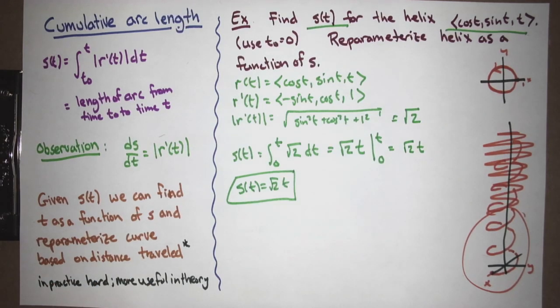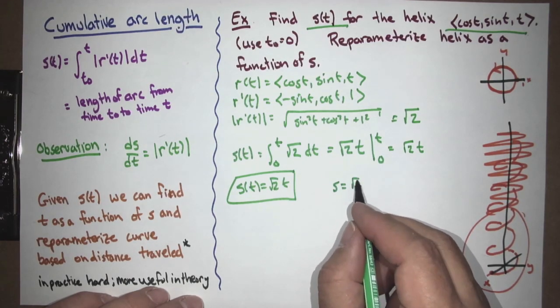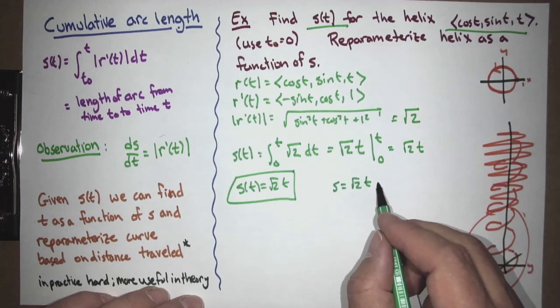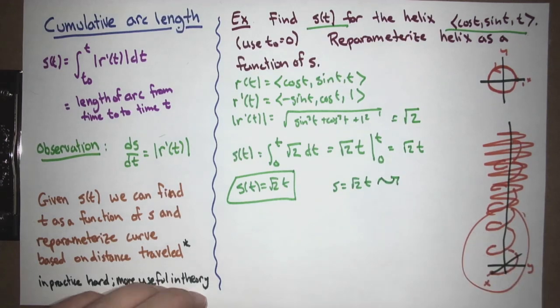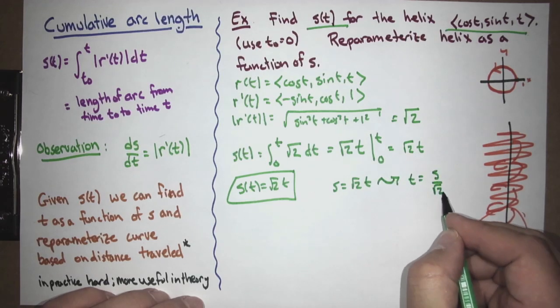But there's a second part. It says, reparameterize the helix as a function of s. So you'll notice here, this says s is root 2 times t. To reparameterize means we need to solve for t in terms of s. So if s is the square root of 2 times t, what is t? So we can solve: t is s over root 2.